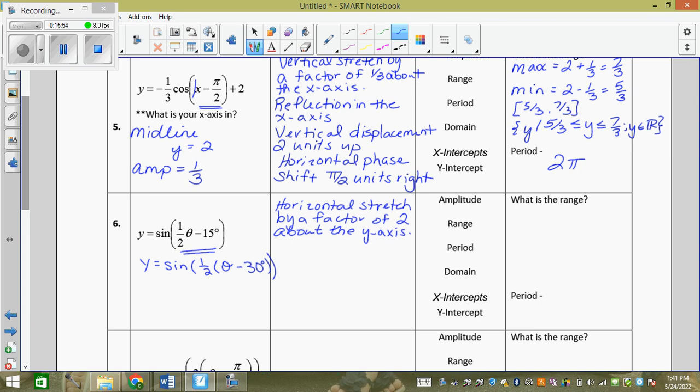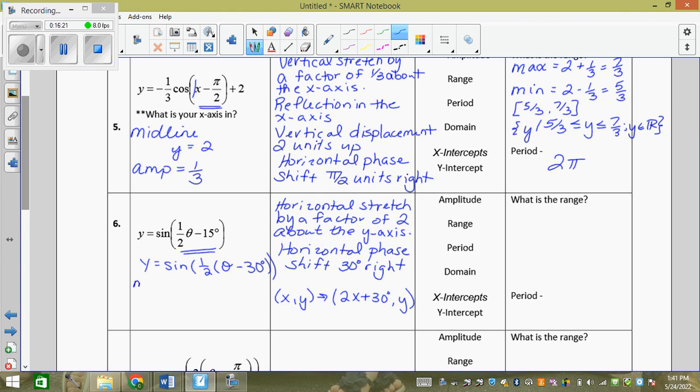And a horizontal phase shift (30 degrees right). For my mapping, (x, y) only affects x, so I'm going to get (2x + 30°, y). Remember, you have to have the degree symbol or it's a radian.